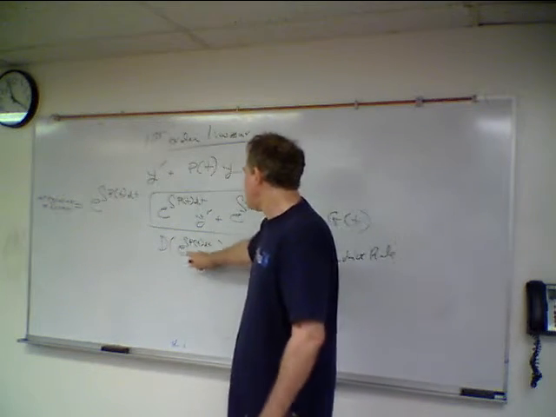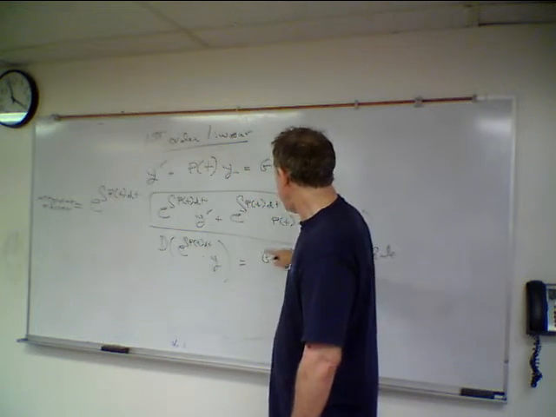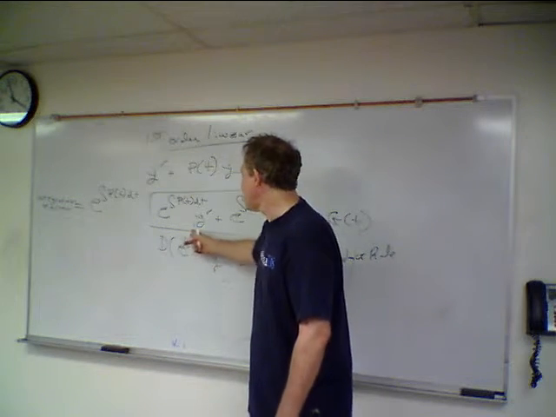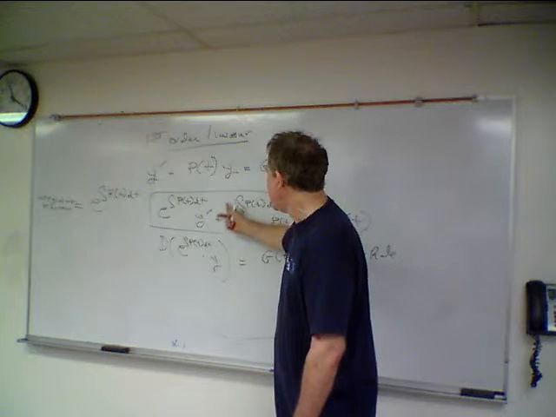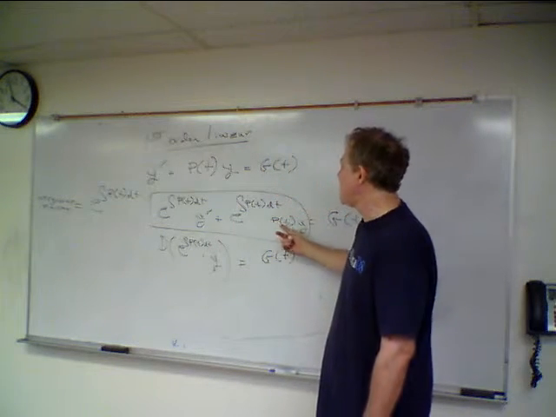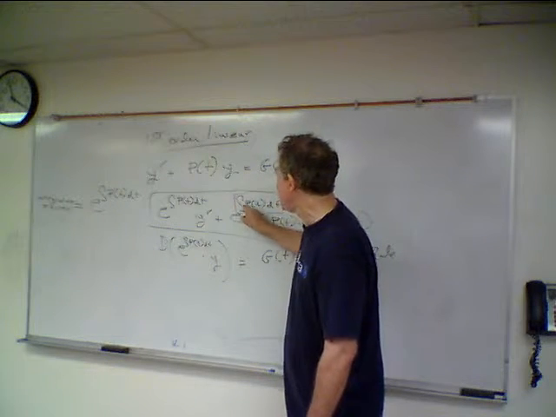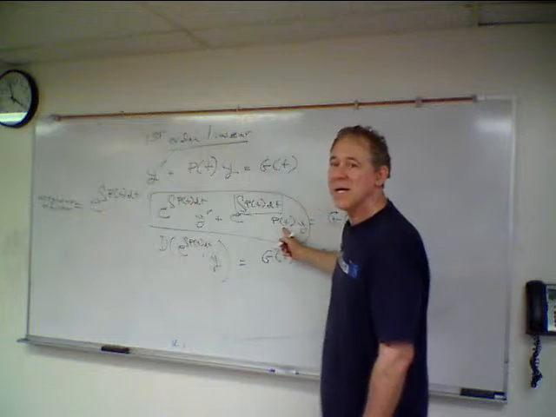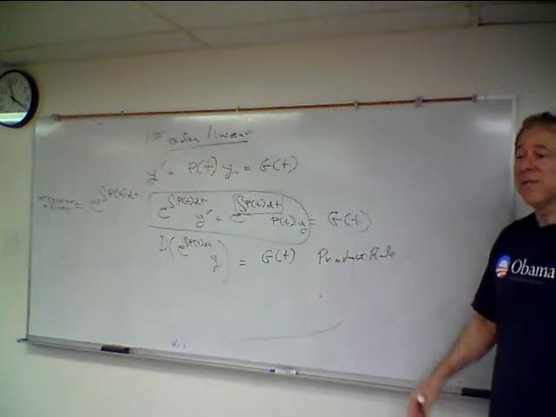Because first times derivative of second plus second times the derivative of first. And the derivative of this by the chain rule is going to repeat, but then you're going to multiply by the derivative of the inner. And the derivative of the antiderivative is the p itself. And that's why it's a product rule with a chain rule on the sub-expression.